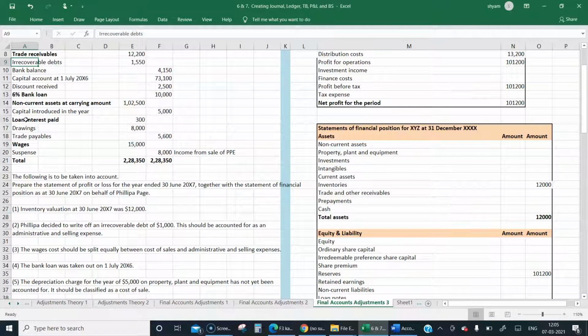Bad debts of 1,000 should be written off. There's already a bad debt of 1,550. This should be shown only in one place, only in the P&L. In the P&L, it should be shown under the heading administrative and selling expense. So we have to take this.